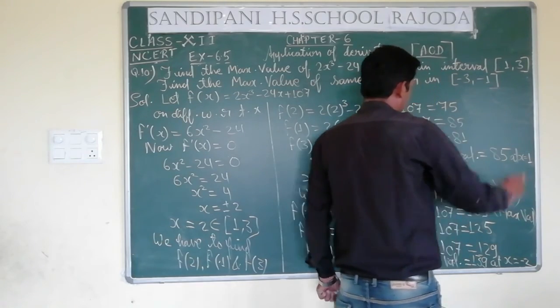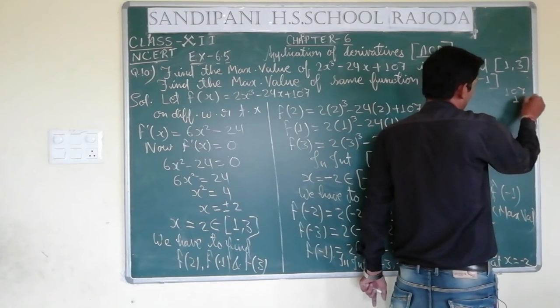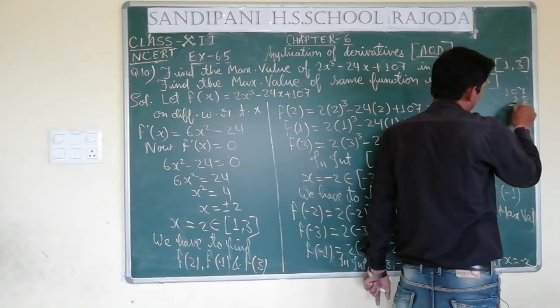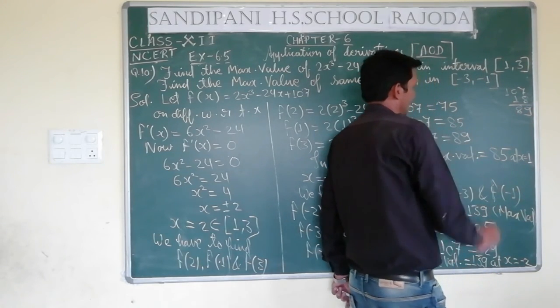It is negative 18. So 107 minus 18 is how much? 89 it is. This one is 89.